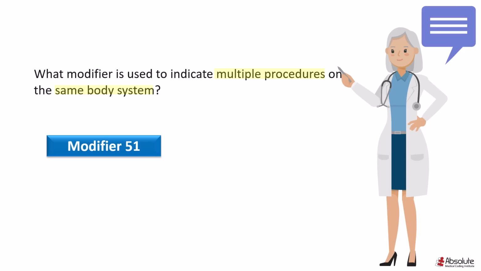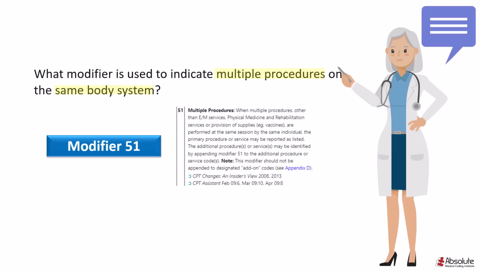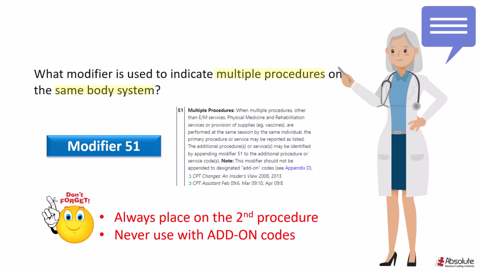Now, some people confuse modifiers 50, 51, and 59. And if you need more clarification, go to Appendix A and it explains what multiple procedures are. So, pretty much, it's multiple procedures in the same body system. And remember, always place this modifier 51 on the second procedure.